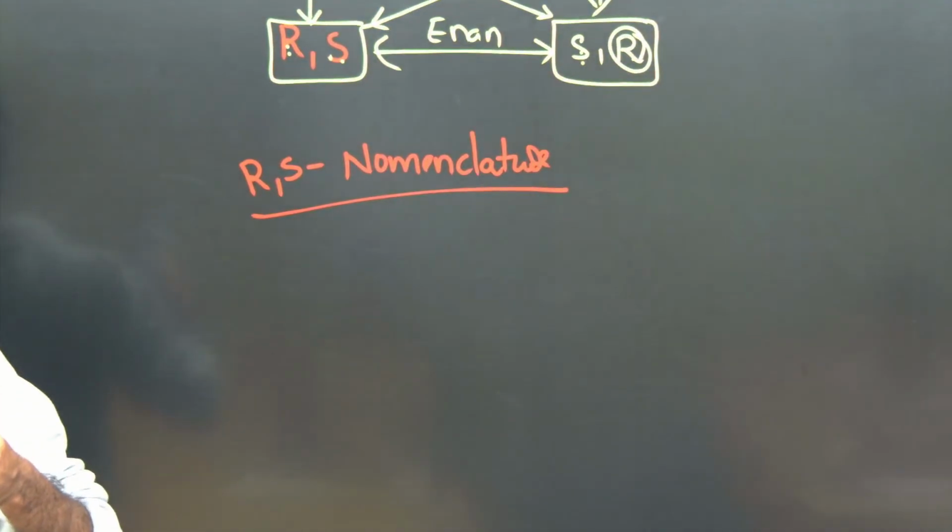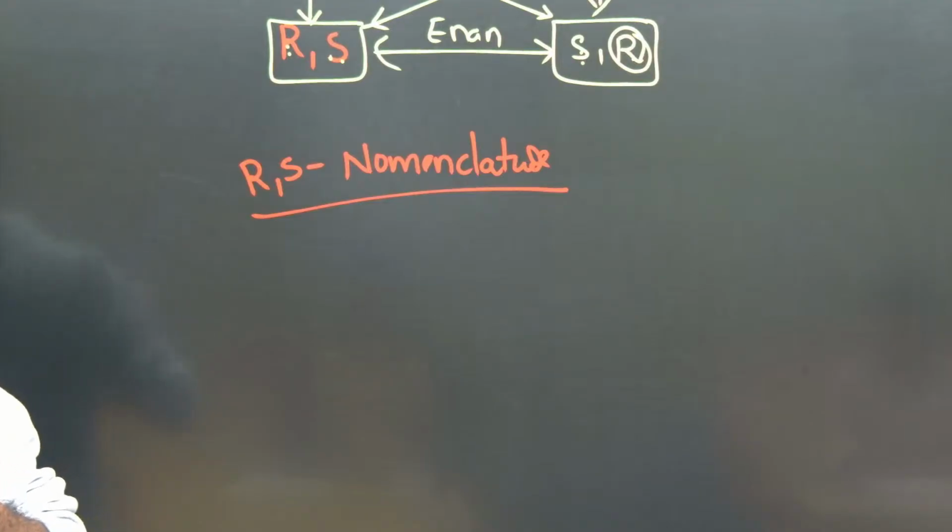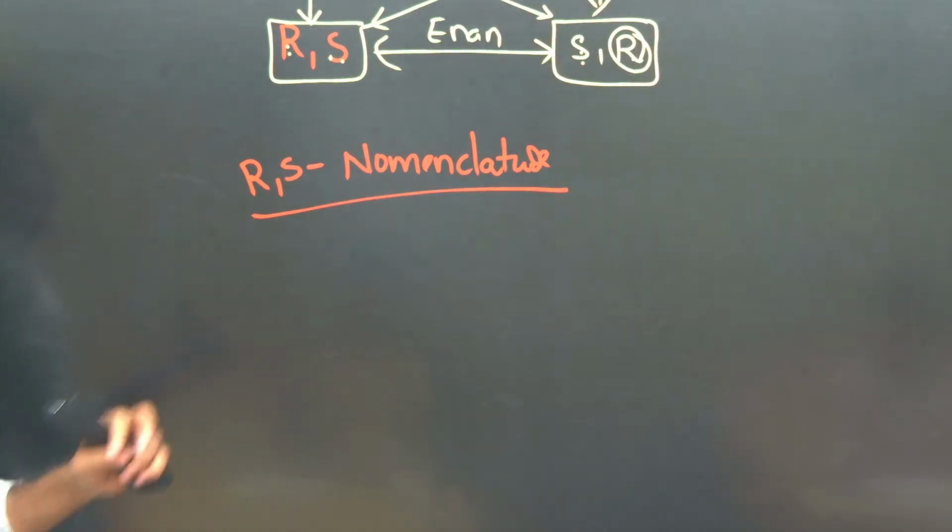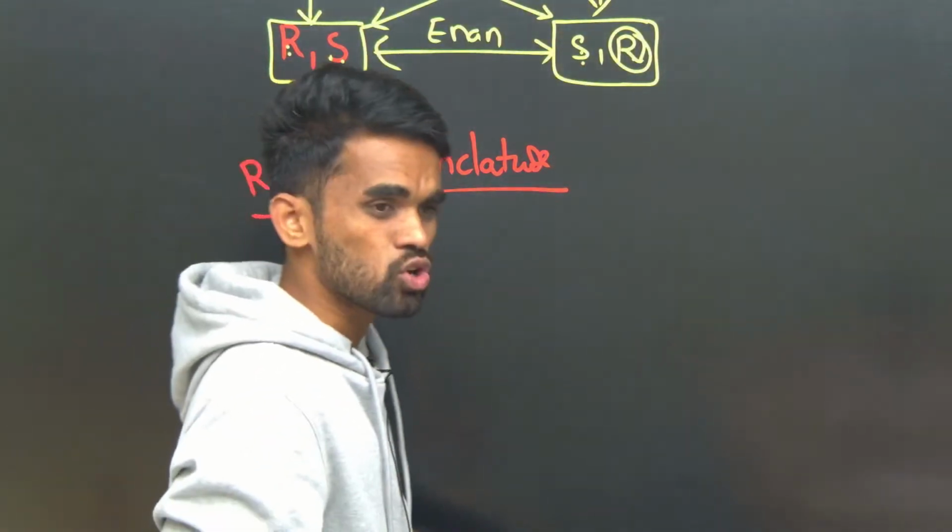Now once again, one more thing. For understanding purpose, let us understand this RS nomenclature. There are other terms also, racemic mixture, meso compounds, all these things.